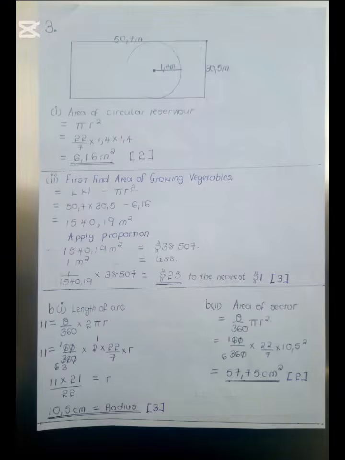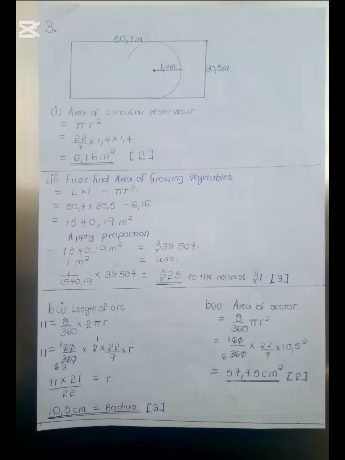Area of a circle is pi r squared. So we are going to say 22/7 times 1.4 times 1.4 for us to get 6.16 square meters. So the correct answer is 6.16 square meters. Make sure that you provide the working, the formula, and also the correct units.